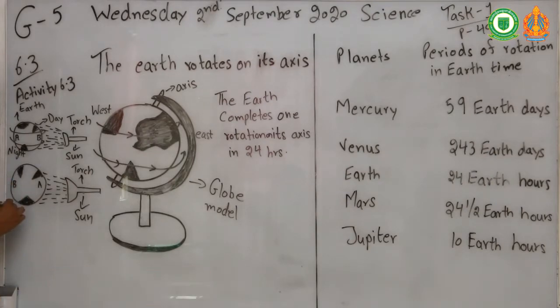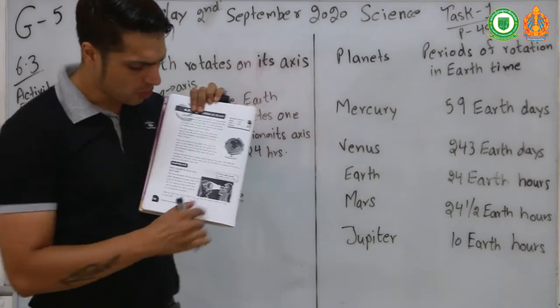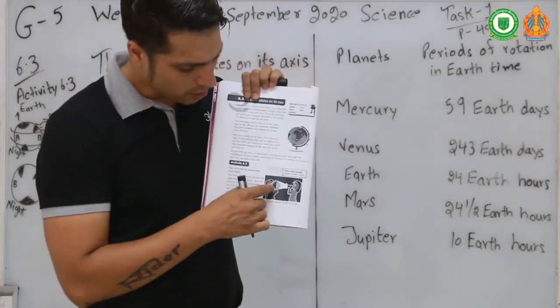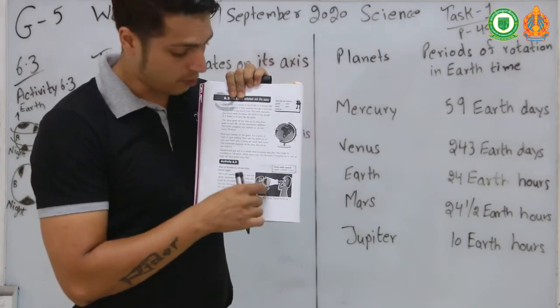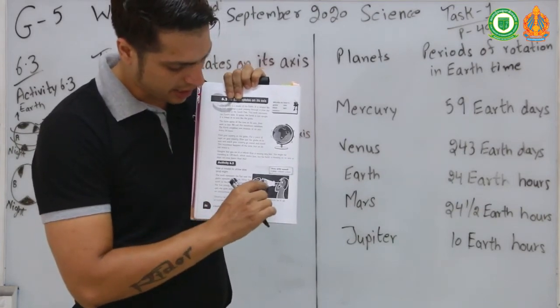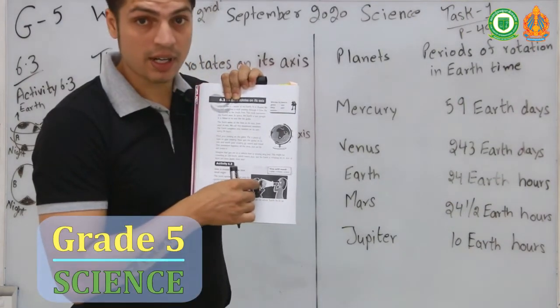So now point B has night and point A has day. That's how we get day and night. As you can see in the picture in the book, half of the Earth is lit up, so they have day there, and the part that is black has night.